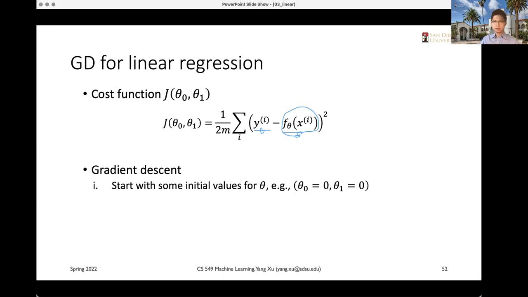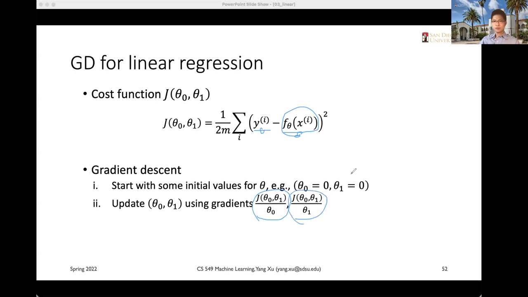So let's keep running this example and look at the forms of the partial derivatives. It's really these two partial derivatives that we need to compute. And of course, in this simple example, we assume that there are only two parameters, theta 0 and theta 1.